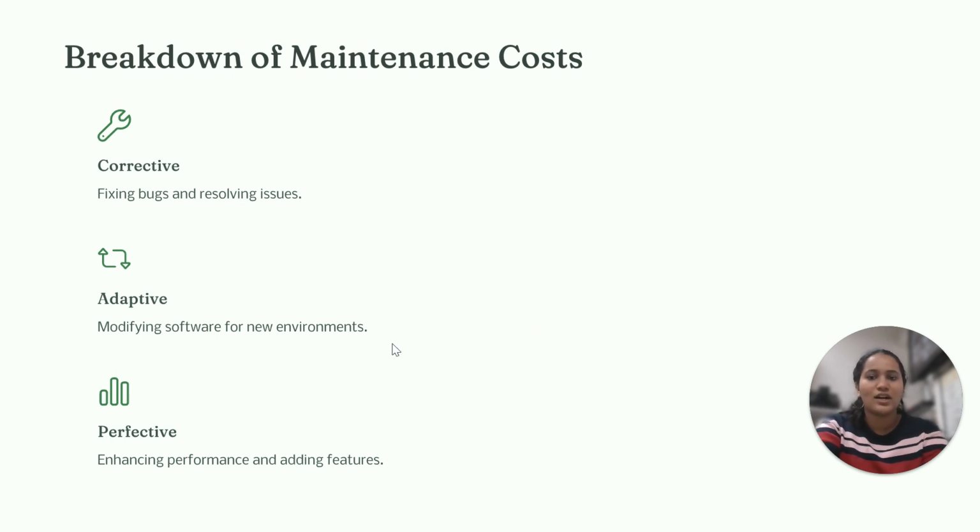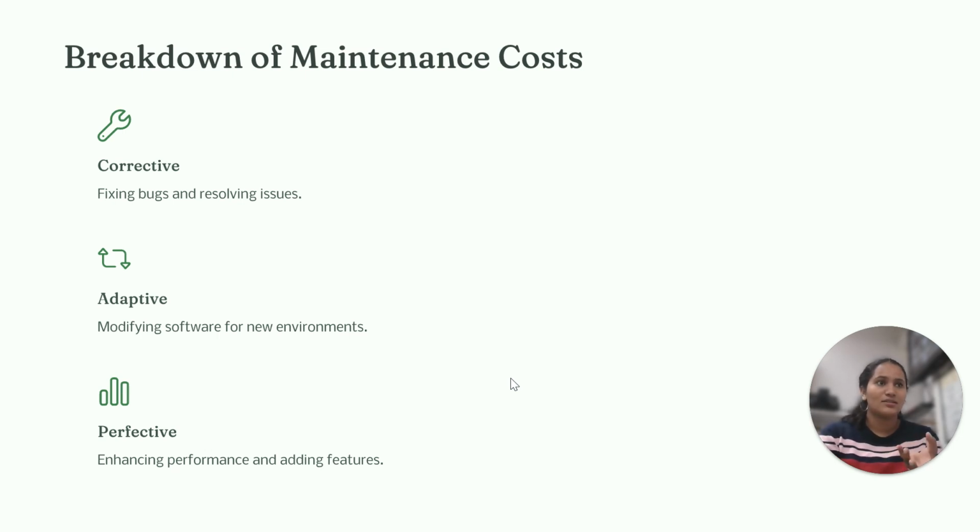Suppose a project is made in India and then the customer wants to transfer the project to America. It's the cost which is required to adapt the hardware devices and the operating system to the American environment. So that is the cost which is known as adaptive.